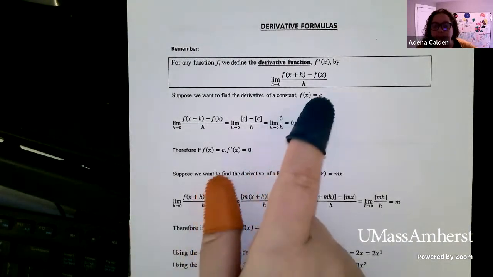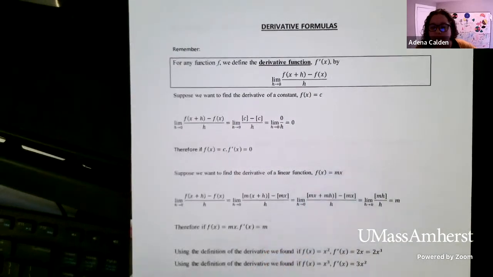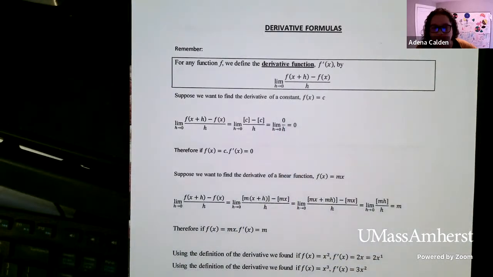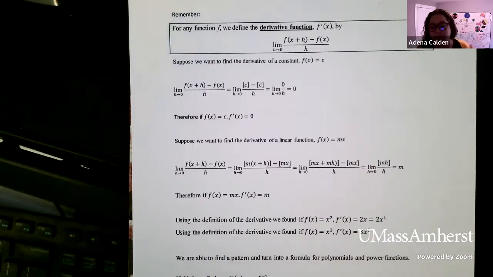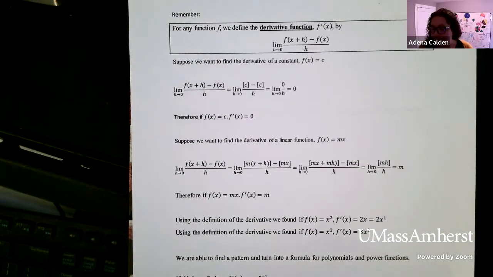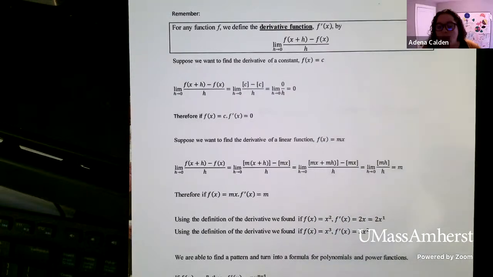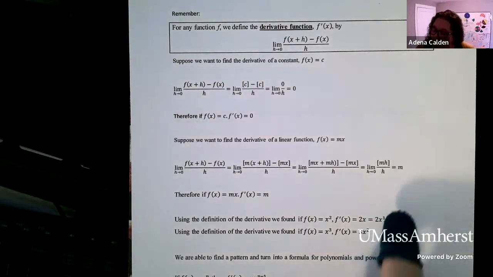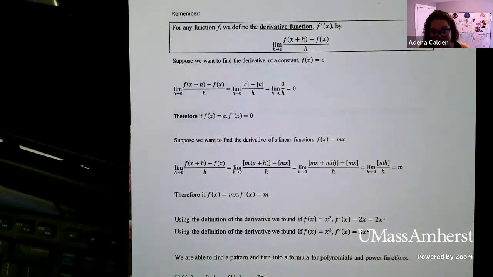You can apply this to a generic function, like a constant function or a linear function, and look at the results of what happens when you do these types of problems. And what you find is that when you look at similar types of problems like mx, x squared, x cubed, when you apply this definition to a function, and you look at the derivative functions you get as a result, there's a pattern, okay?